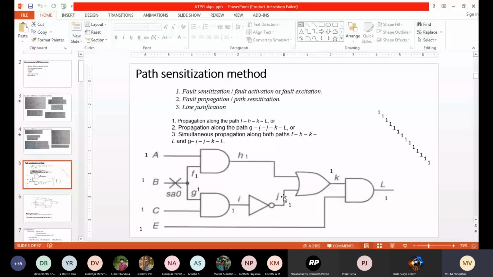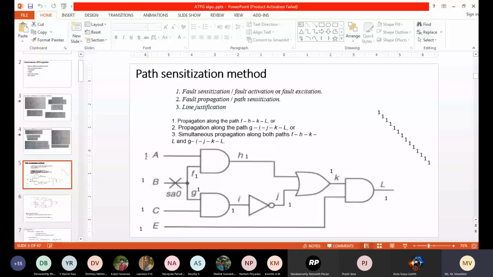So first we have to list out what paths are available. Then for each path, we need to do all these three things: sensitization, propagation, and justification. Now let us take our first path, F, H, K, L. Here I have written 1, 1, 1, 1, 1 already, which I added to make you understand how it works.